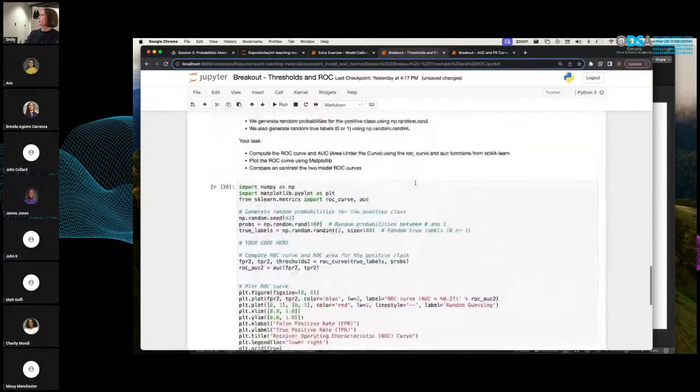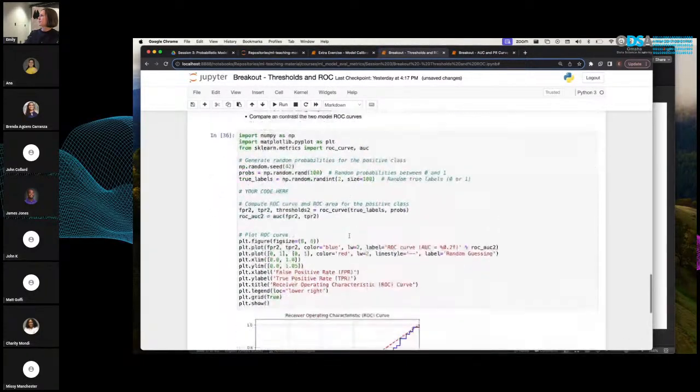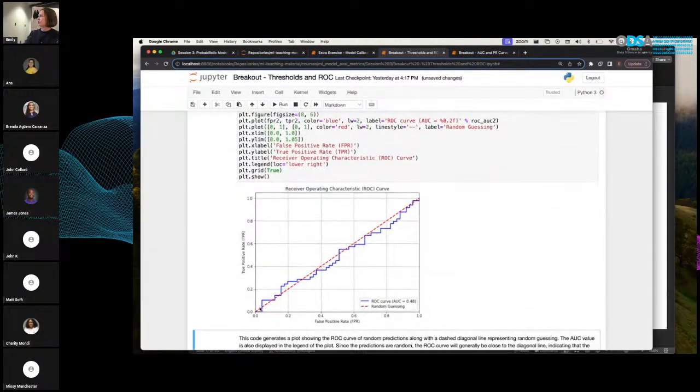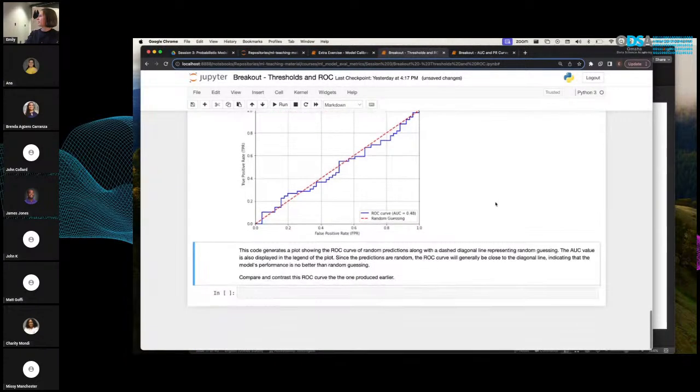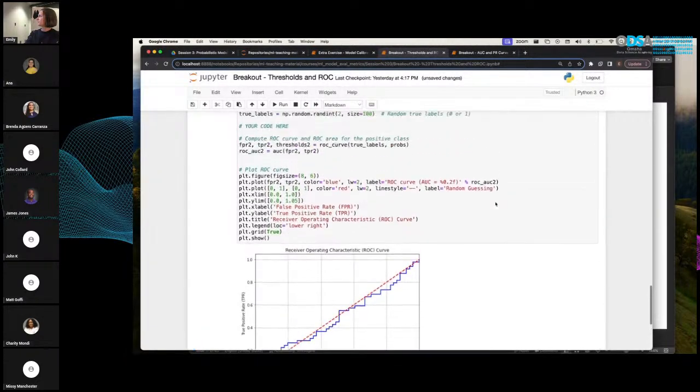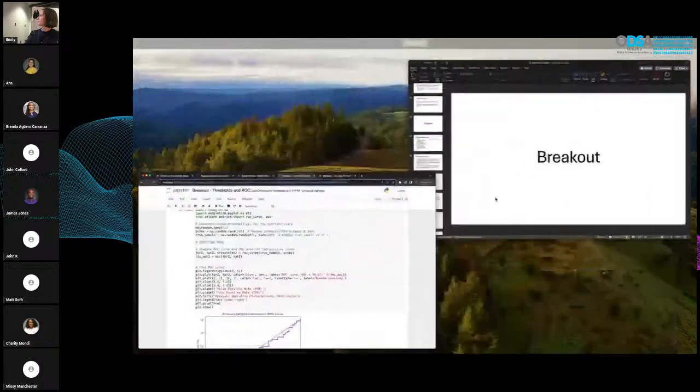We have a fairly small data set here with just 100 samples, so there's not going to be a lot of points here. But this shows that that is random. That's about as bad as our model can get here. So anything that approaches this red line is going to be a bad prediction. Okay, let's jump back.